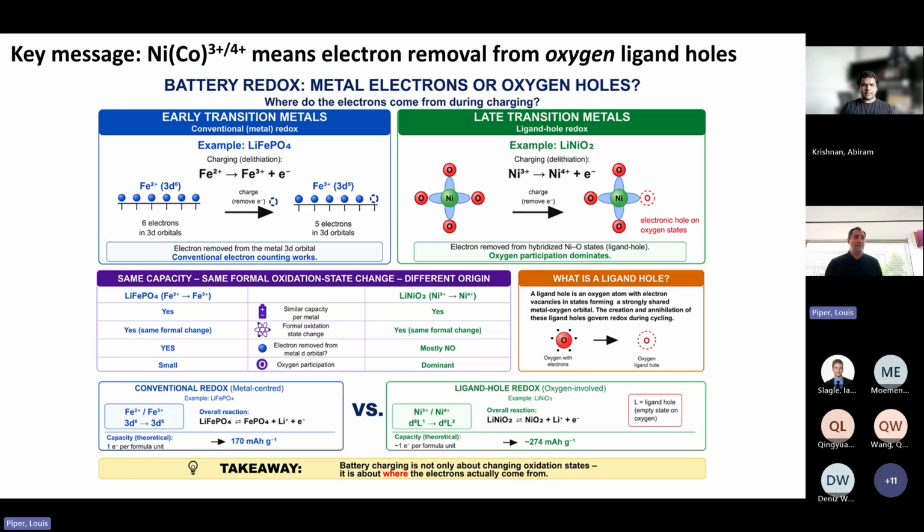The same argument should be made with lithium nickel oxide, in the sense that you would imagine that you're just changing your d electron count, and that would mean that your starting point should be a Jahn-Teller active material, if you're familiar with those sorts of terminologies.